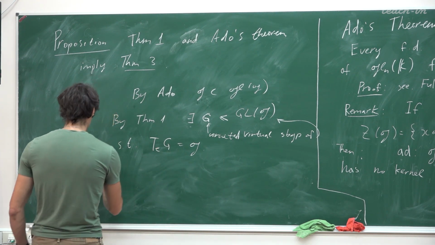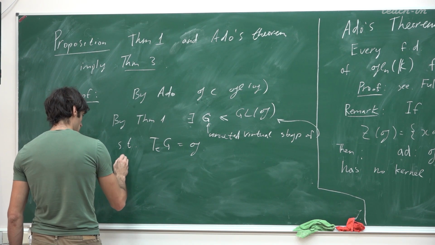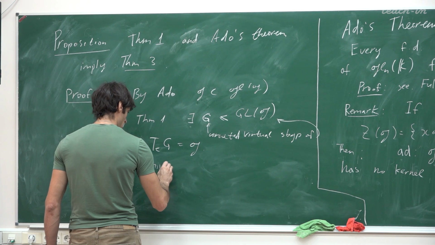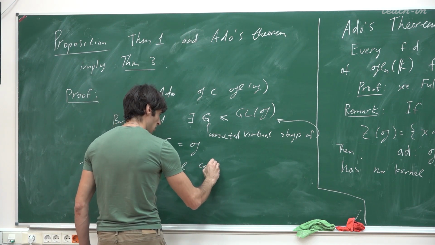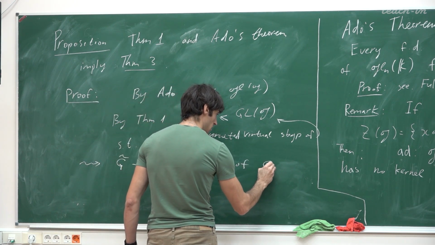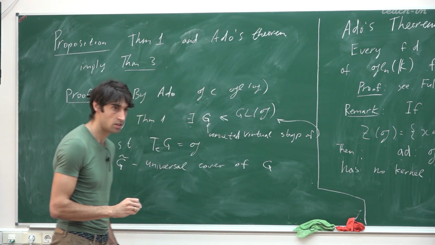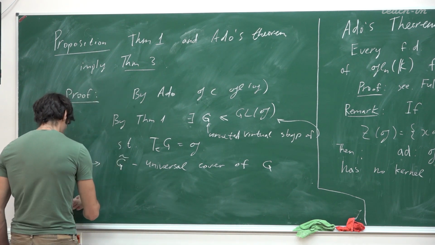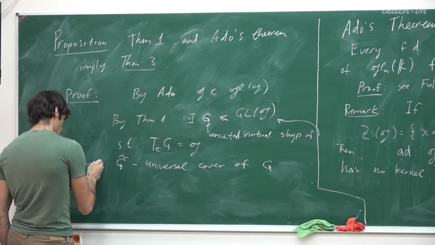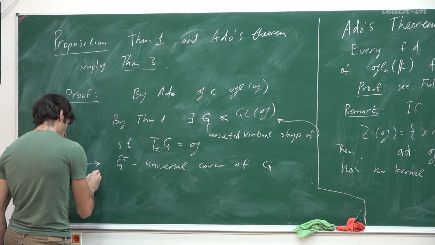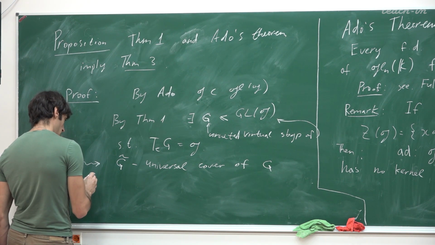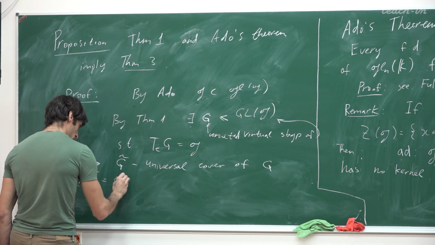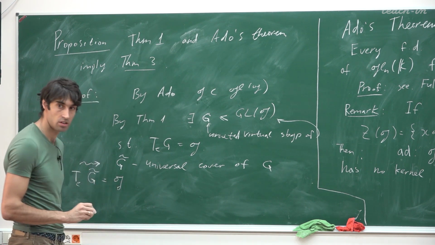So we found some connected Lie group with this Lie algebra. But then consider G tilde, which is the universal cover of G. And G tilde also has Lie algebra 𝔤, right?